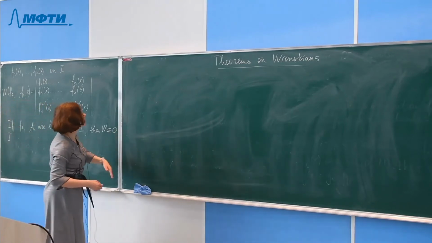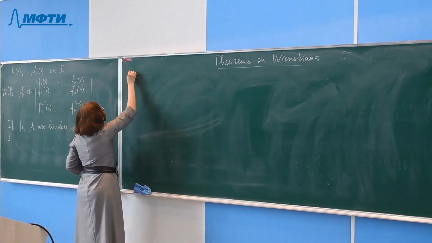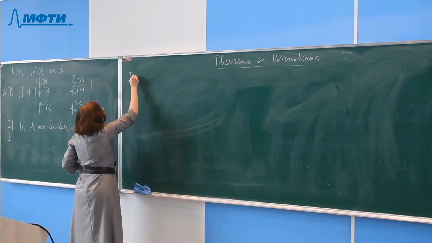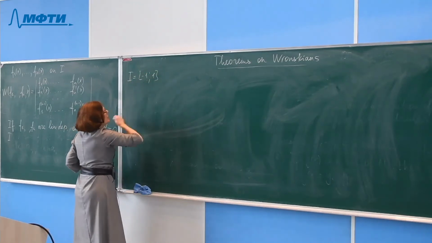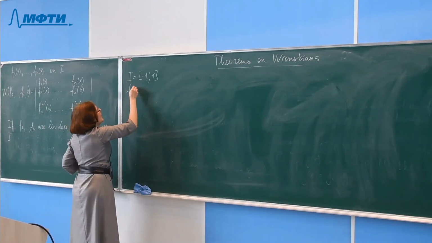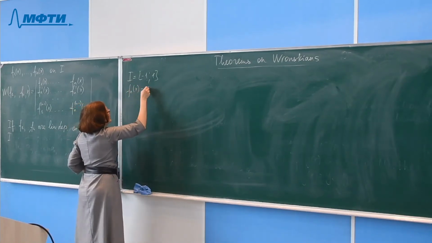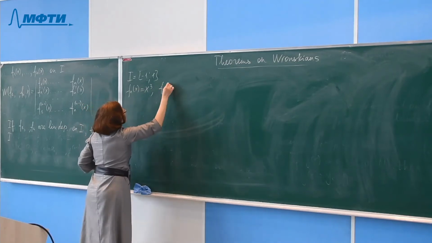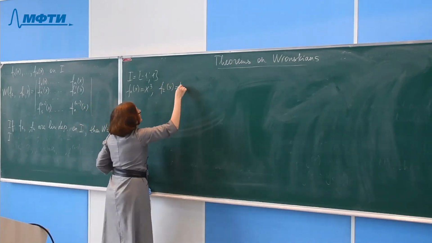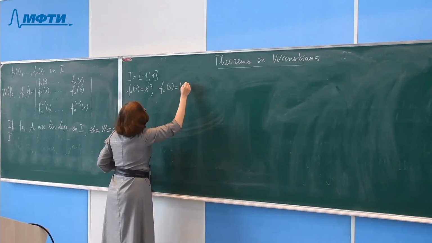They can be constructed, for example, if we consider the symmetric interval from -1 to 1, we can consider two functions, f1, which is equal to x cubed, and f2 of x, which is equal to the absolute value of x times x squared.